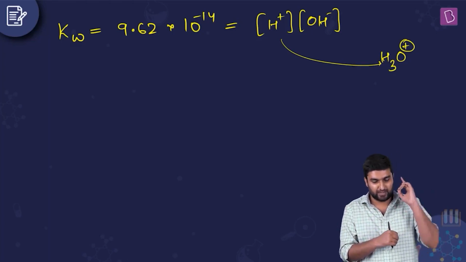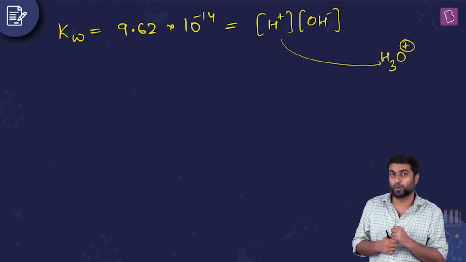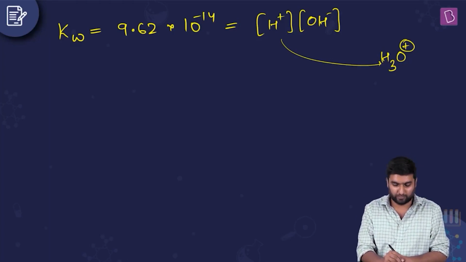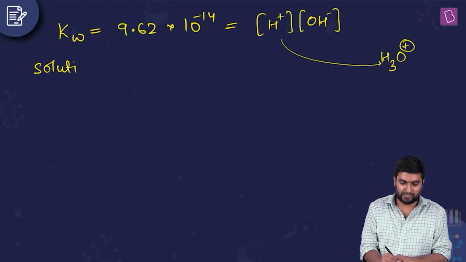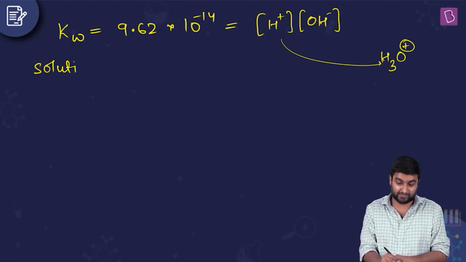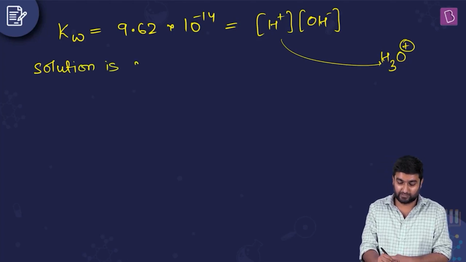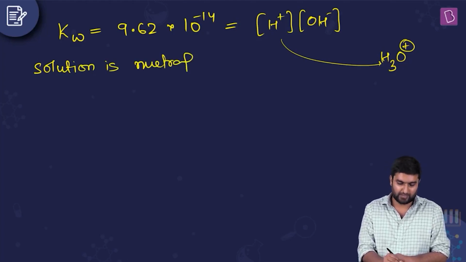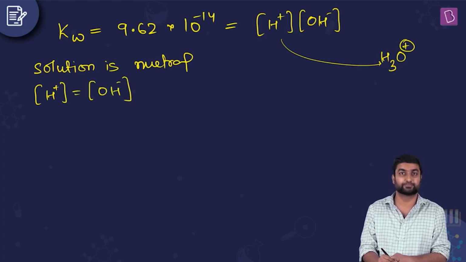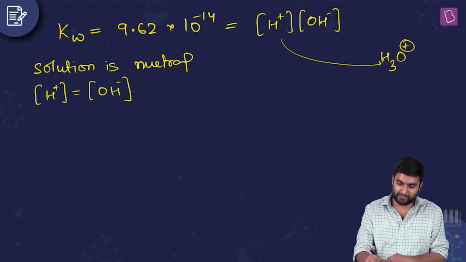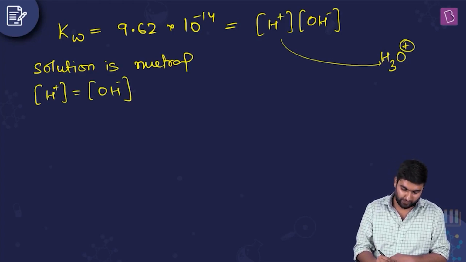Now, this is pretty certain: since you have not added any acid or base, the solution is obviously neutral. That tells you that the H plus ion concentration is equal to the OH minus ion concentration. Let me use a different color.